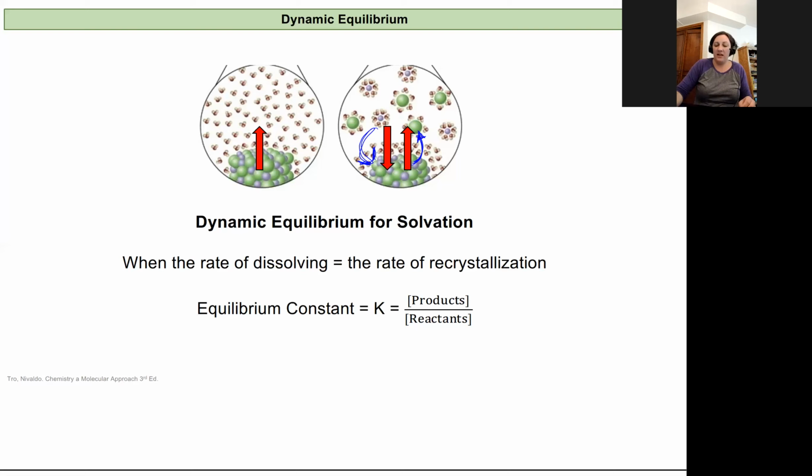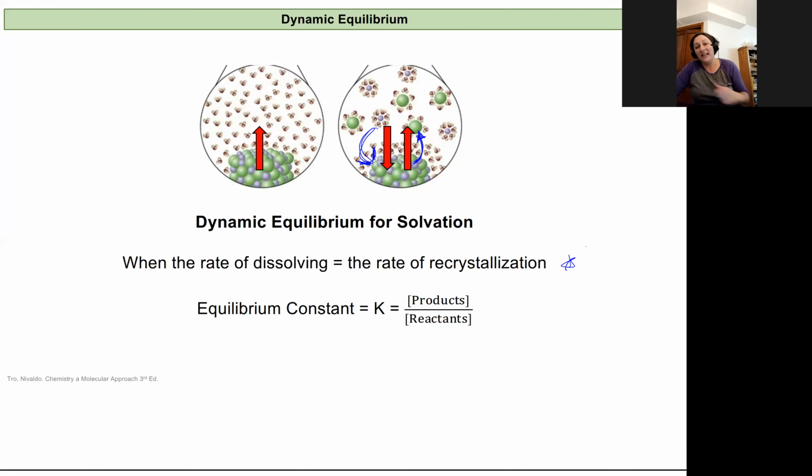So the rate of dissolving will be equal to the rate of crystallization when we're at equilibrium. And that means that when we're viewing this solid in the liquid, it won't be changing. It won't be decreasing in volume. It won't be slowly dissolving or forming a precipitate. It'll just look like it's sitting at the bottom of a flask.